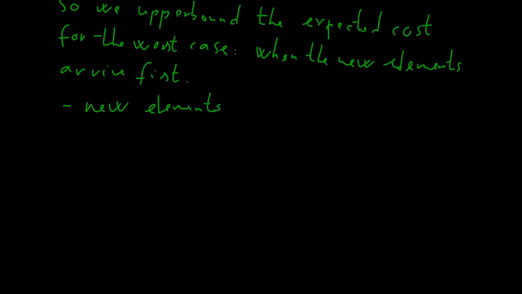The new requests in a phase always induce cache misses in a marking algorithm, even if it's randomized. So in the ith phase, that's the cost of Ti.